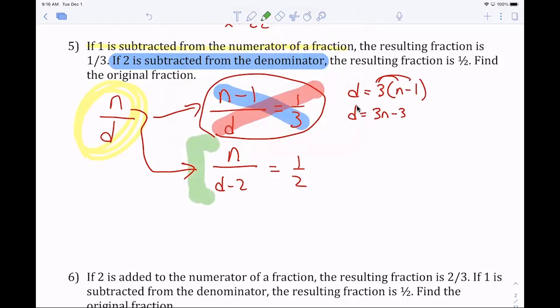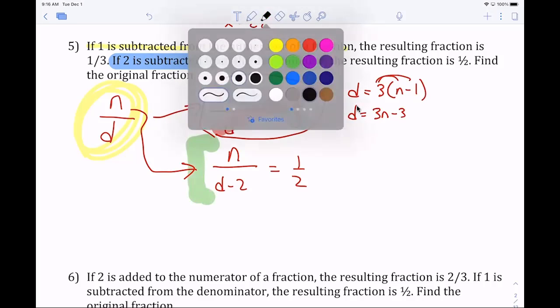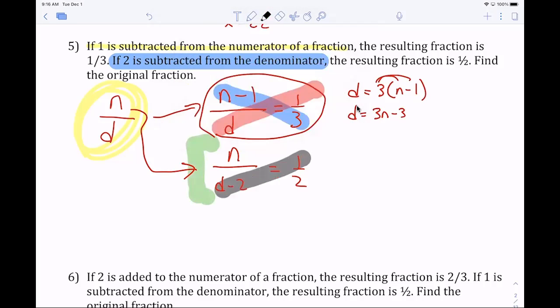Cross multiply. That is correct. We're going to cross multiply. This time when I cross multiply, I'm going to multiply this. So that's going to be D minus 2 equals, now we're going to cross multiply here, and that equals 2n. Is everybody okay with that?